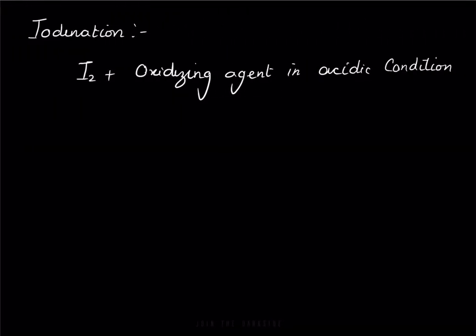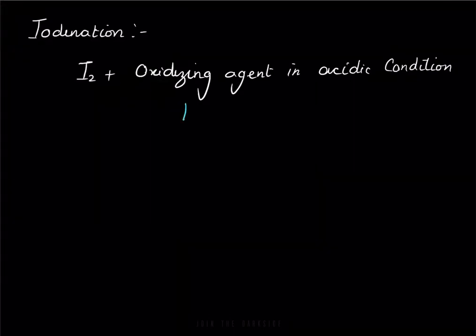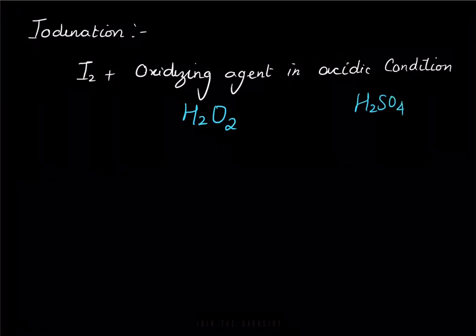Now let's go on to iodination. For iodination, you actually need an oxidizing agent in acidic condition. Now, what is the oxidizing agent that's commonly used? It's actually hydrogen peroxide, and the normally used acid is H2SO4. So let's write the reaction.